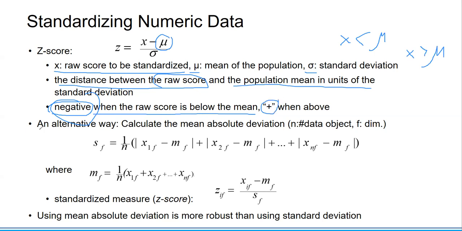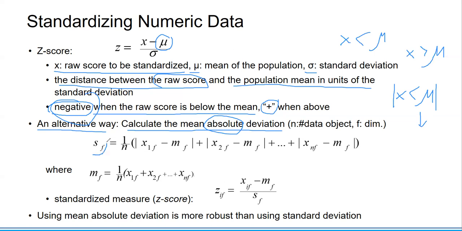An alternative way is to calculate the mean absolute deviation. What is absolute? Absolute means that if x is less than mu, we do not care about the negative, so we just keep it as a positive.